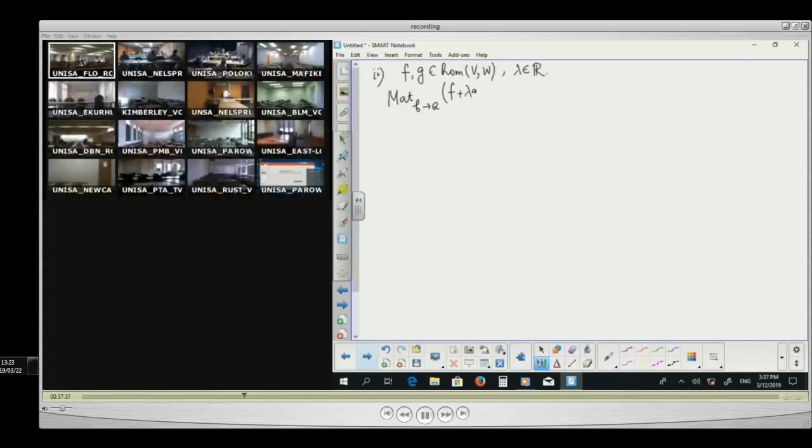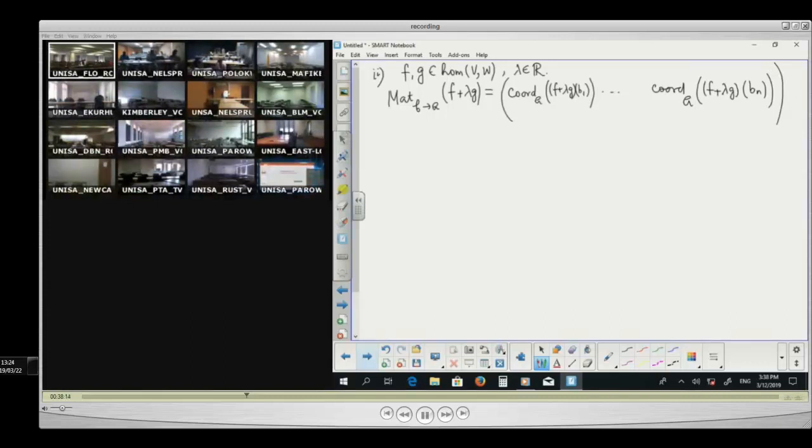This is coordinates with respect to A of F plus lambda G at b1, and so on. That's the definition.